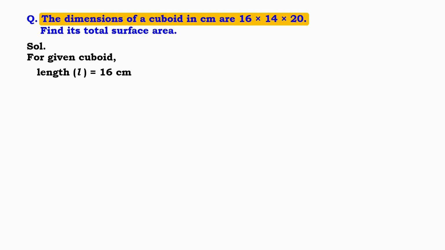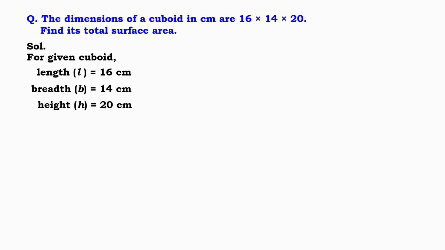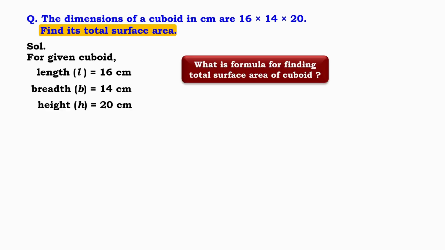Now for the given cuboid, the length L is 16 centimeters, breadth B is equal to 14 centimeters and height H is equal to 20 centimeters. So we have to find the total surface area of it. First we need to know the formula for finding the total surface area of a cuboid.